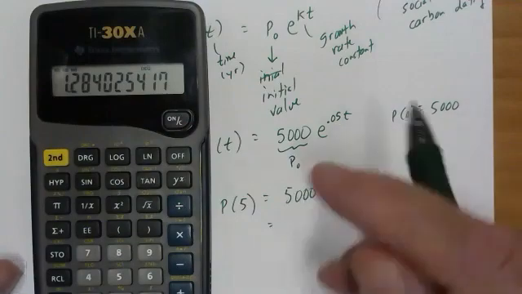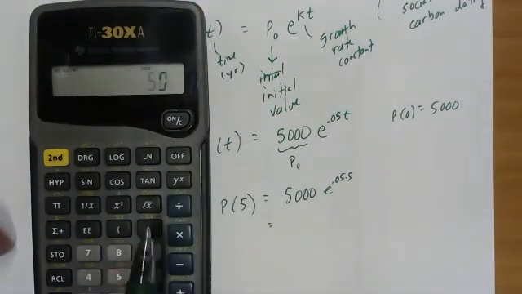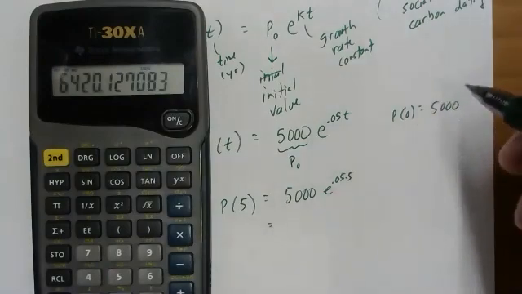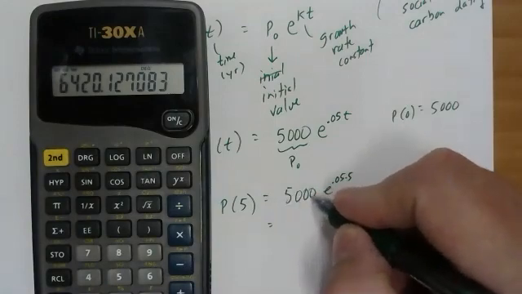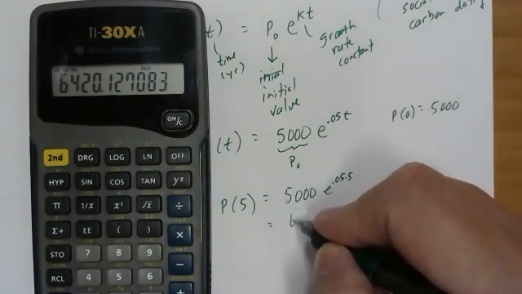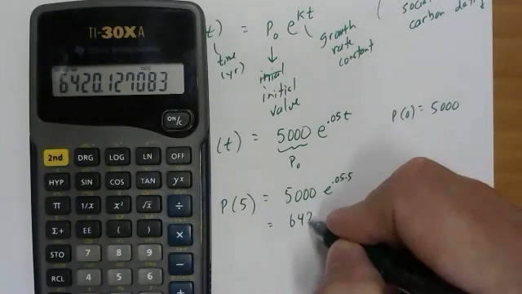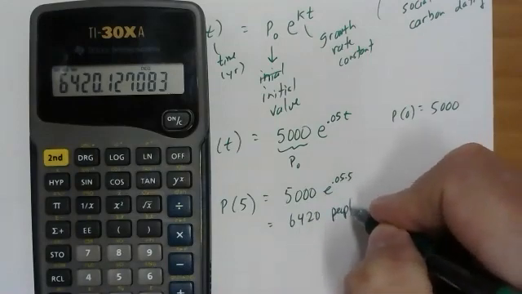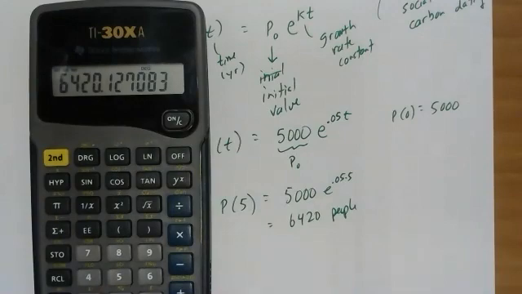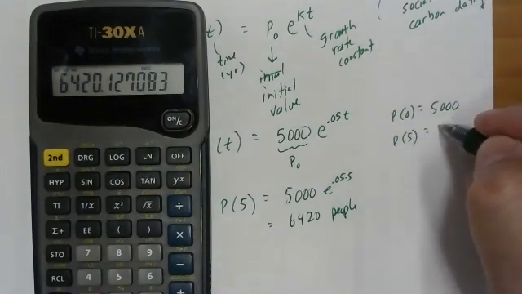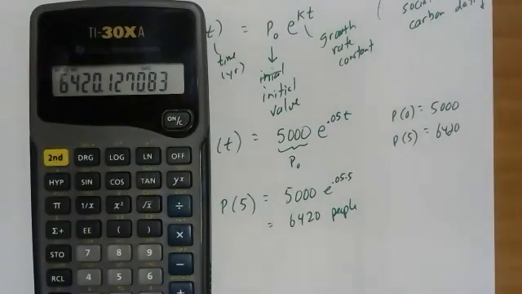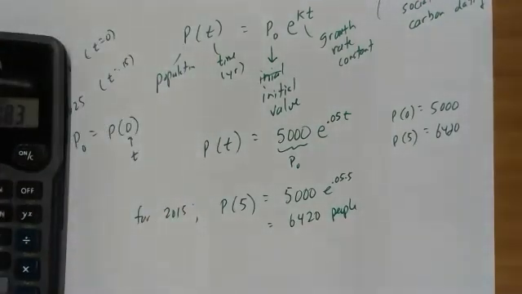So I'm going to multiply that times 5,000. So maybe this is like the population of a small town. It starts out at 5,000. After 5 years, it grows to 6,420 people. So we could say P of 5 is 6,420. So that's how these kinds of exponential functions work.